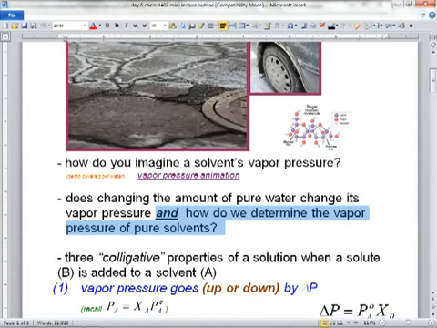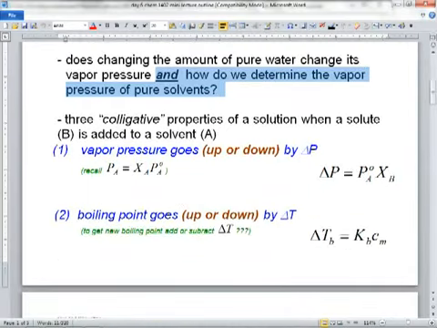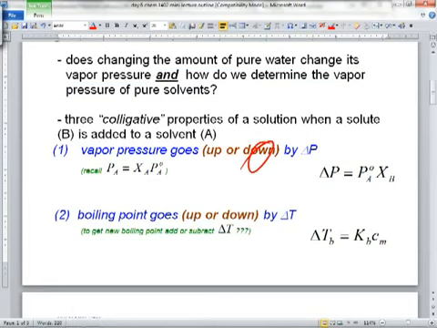There are 3 colligative properties. These properties change with the amount of solute you dump in the solvent. The first one is vapor pressure. And Jose, we said the vapor pressure goes up or down? Down, right?